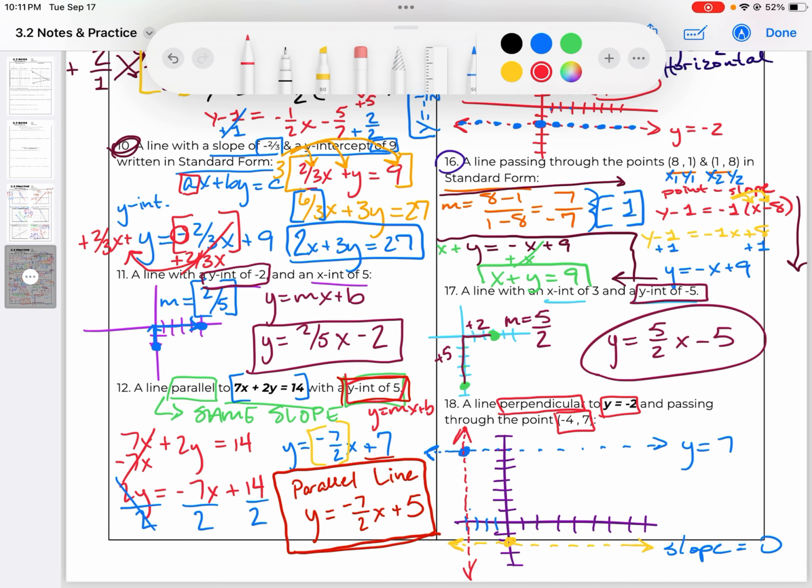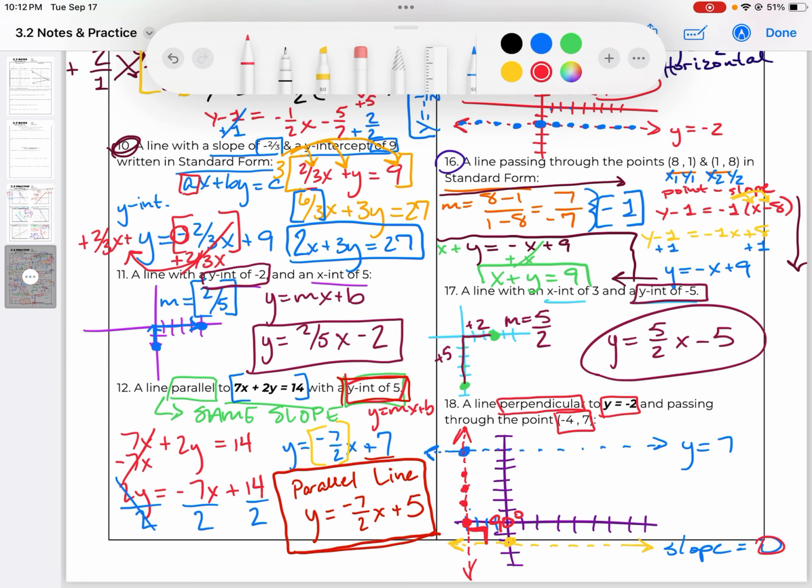which means it crosses at a right angle, 90 degrees. And if I know that this line, the original, is perfectly flat, perfectly horizontal, that means my line that's perpendicular to it is perfectly vertical, and it passes through x at -4.